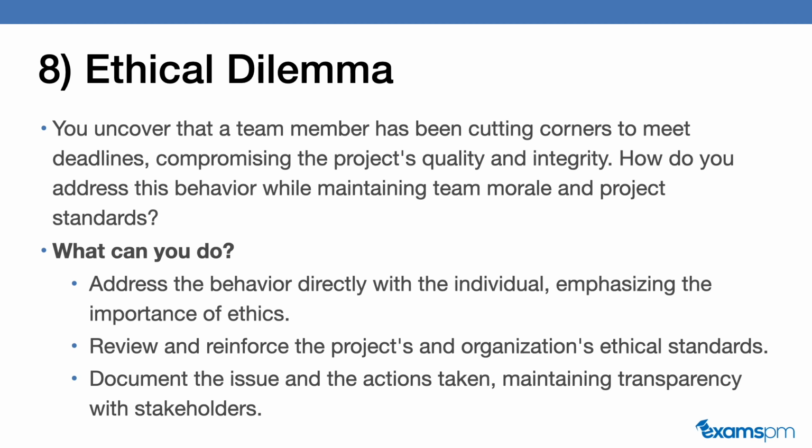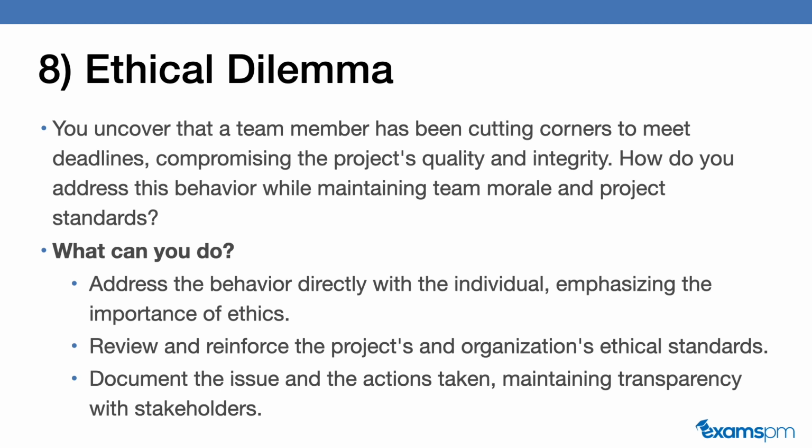Also, you want to document the issue, like how you caught the team member stealing or cutting corners, and give this to the higher management for them to decide what could be the most appropriate action to take. A lot of times, if you're just working as a project manager in a large organization, you may not have the authority, for example, to fire someone directly, but you do want to document all of these issues so that there is a written record of it and it's all presented transparently to the relevant stakeholders.